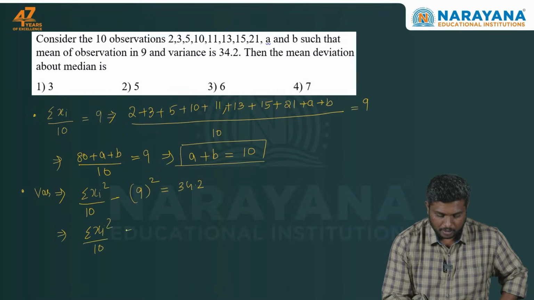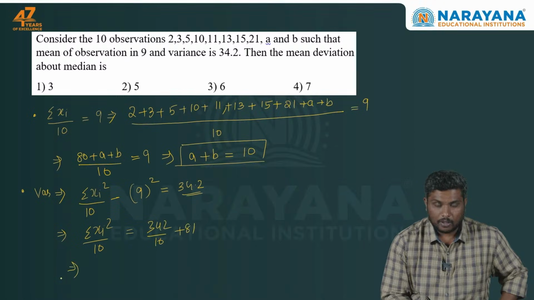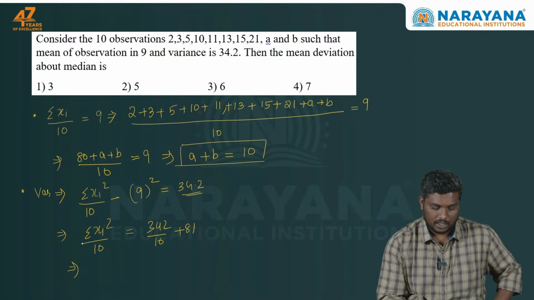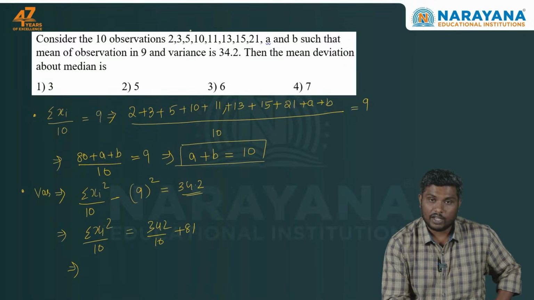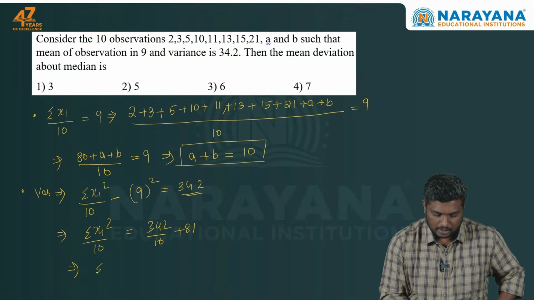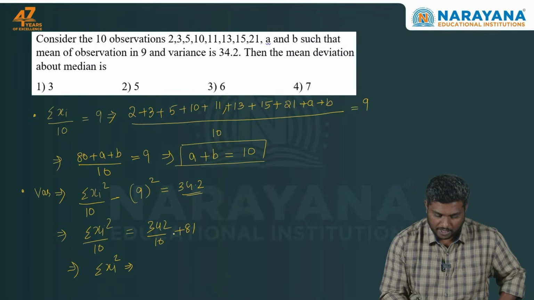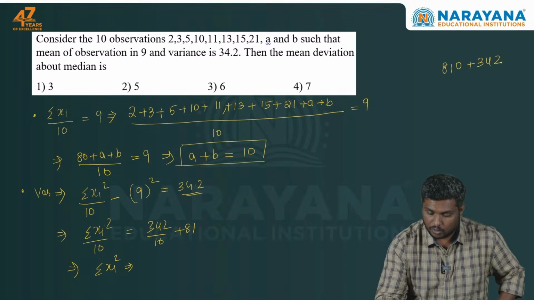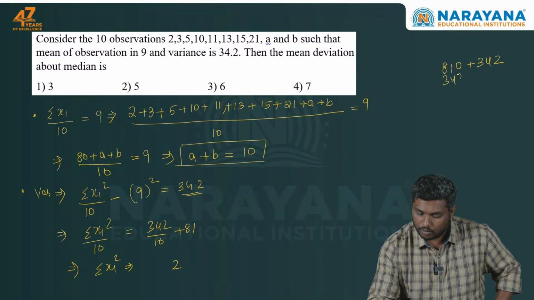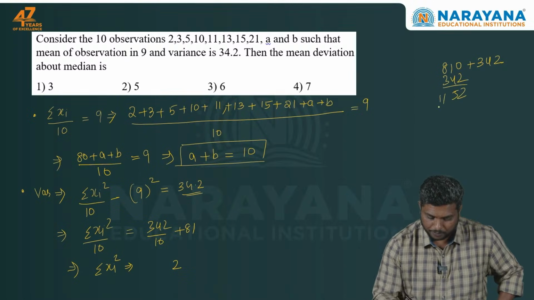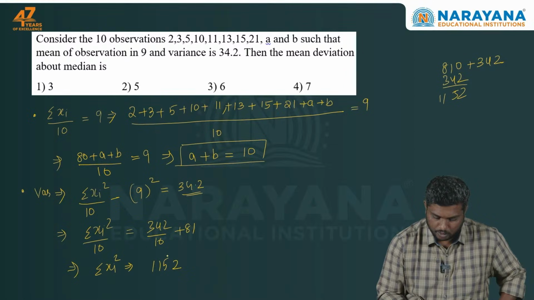Sigma xi square divided by 10 is equal to 342 by 10 plus 81, and upon simplifying, sigma xi square equals 810 plus 342, which is 1152.